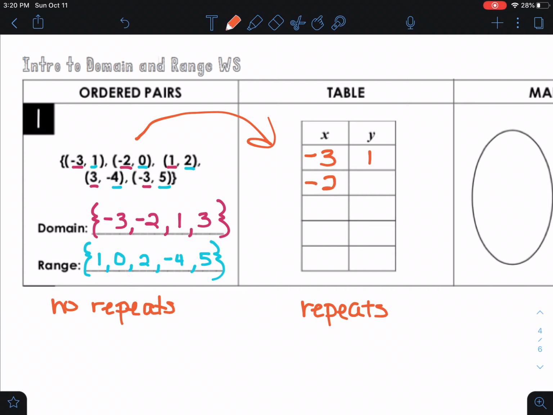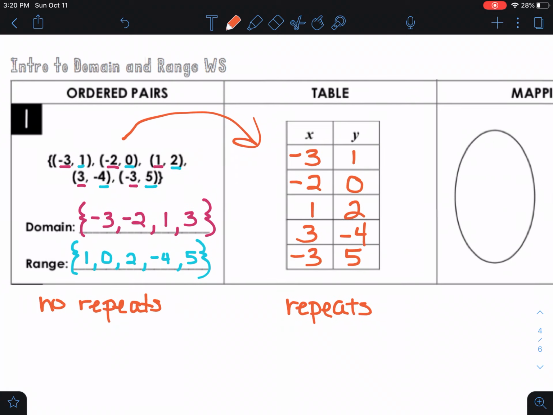Then -2, 0, 1, 2, 3, -4. And we are going to repeat with tables. You will have repeats. So -3, 5. That can happen. Okay. All right. Now let's look at our mapping diagram, which is next.